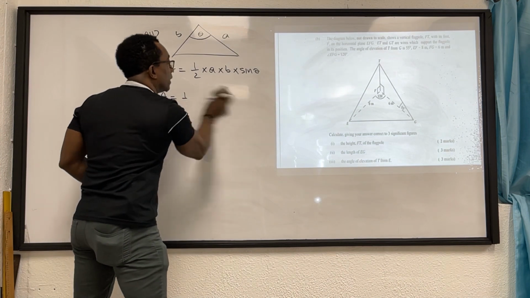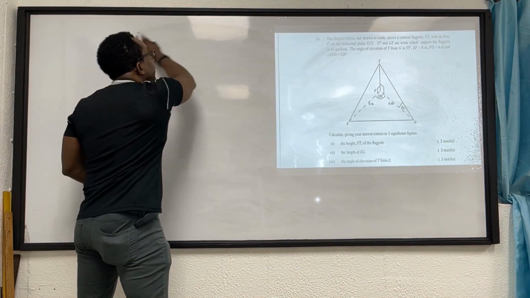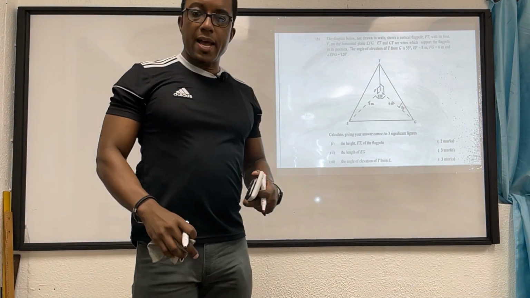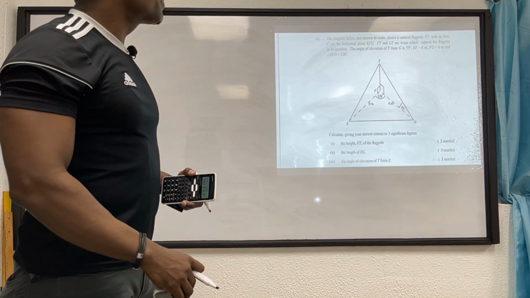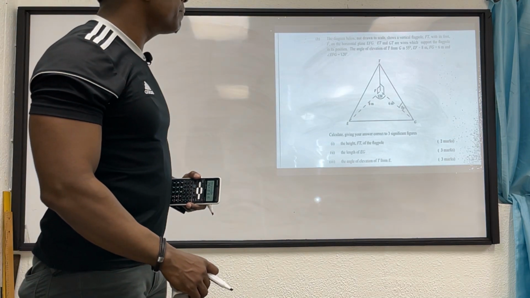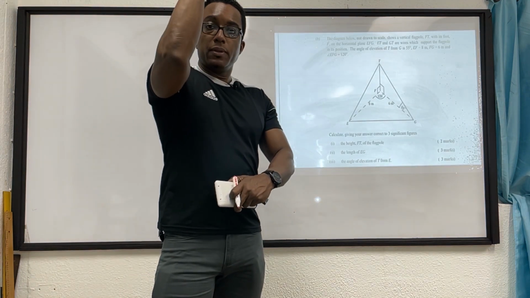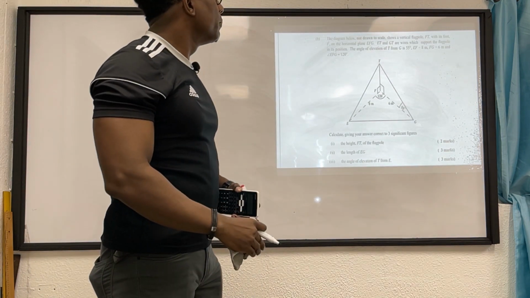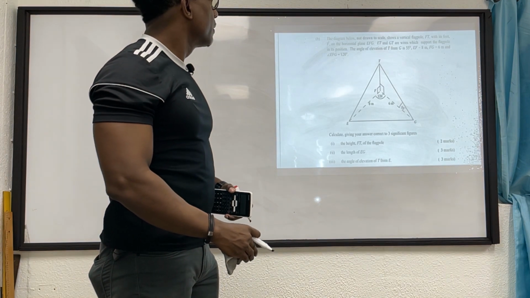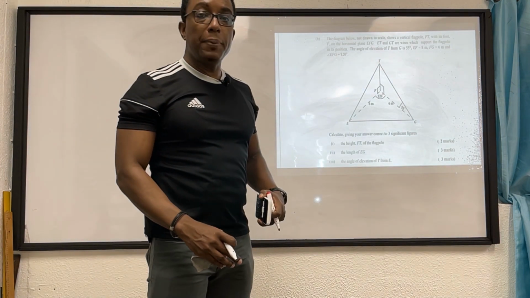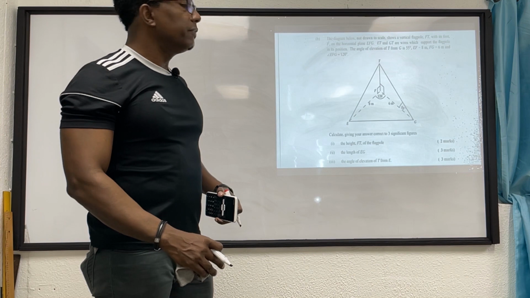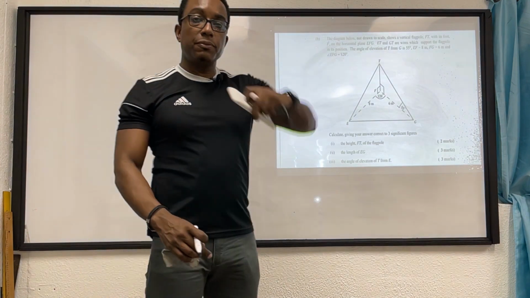With this question, the diagram below, not drawn to scale, shows a vertical flagpole FT, with its foot F on the horizontal plane EFG. So that horizontal plane is flat on the ground.